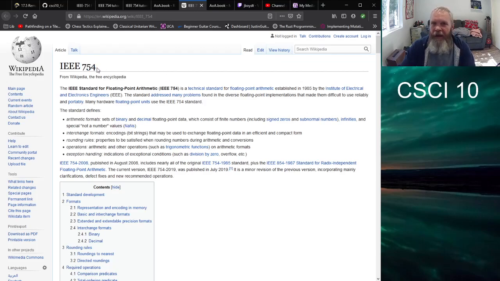Very often you don't care. If you work on the software side, you don't really care other than how does your language let you do floating point values. If you're a computer engineer, then you definitely care about this because this standard is what almost everyone uses when they design the circuits to do arithmetic on floating point numbers.